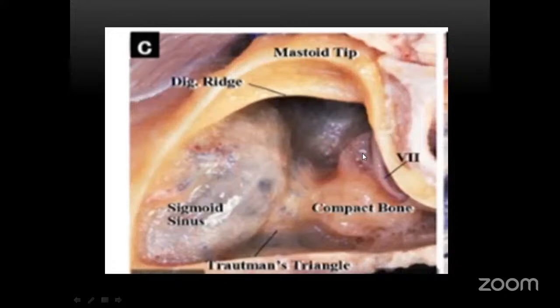We can see all of it. This is the labyrinthine segment. We can see the seventh nerve traversing here. All the semicircular canals are not visualized here, but they will be here.